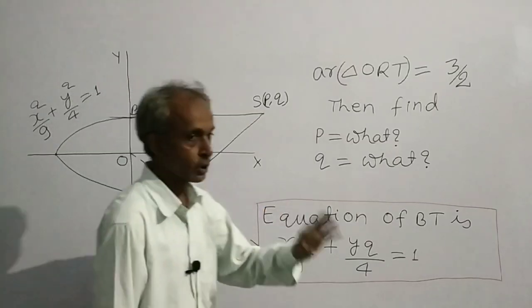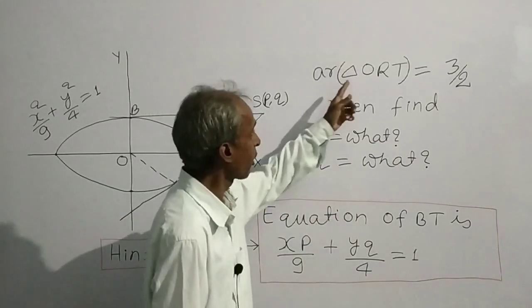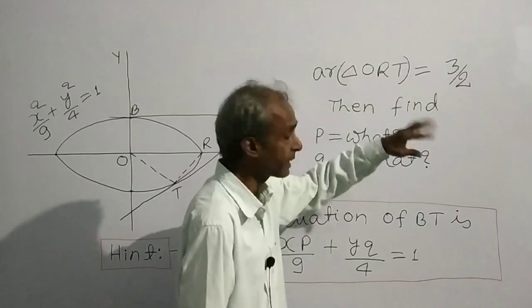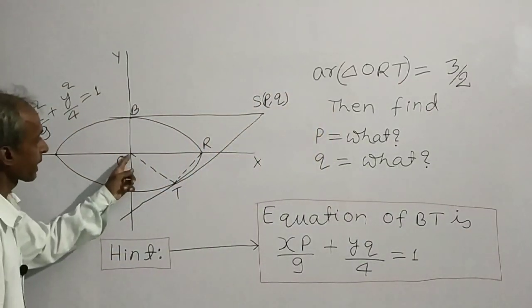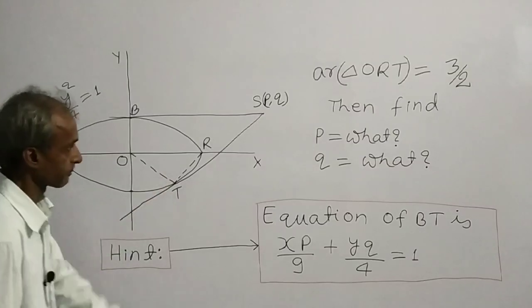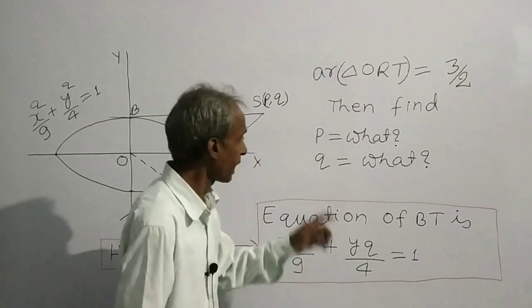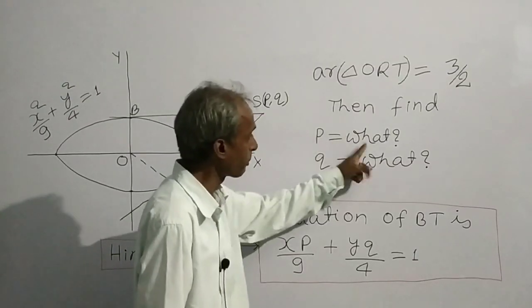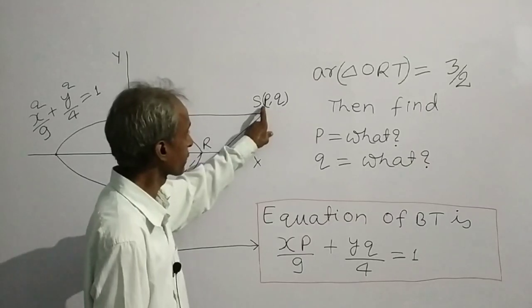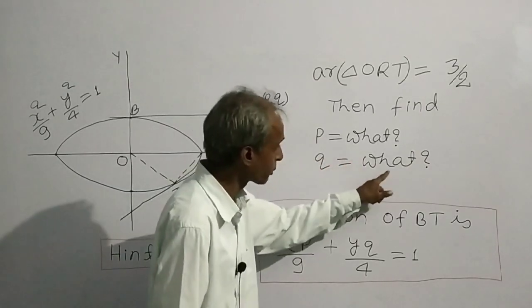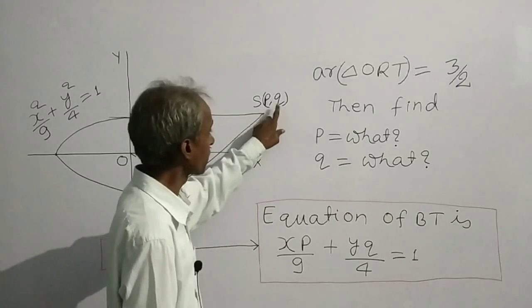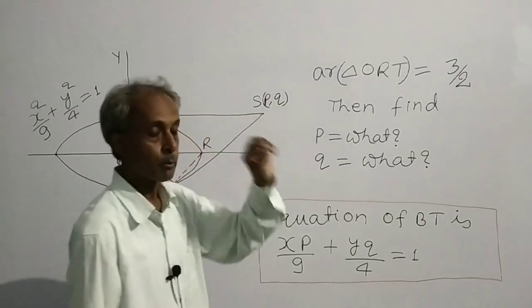It is also given that area of triangle ORT is equal to 3 by 2. Then we have to find value of P, that means x coordinate of this point, and value of Q, that means y coordinate of this point.